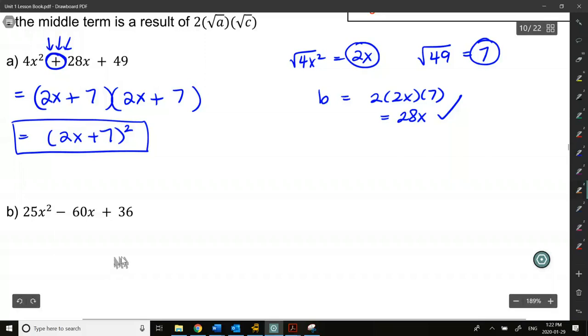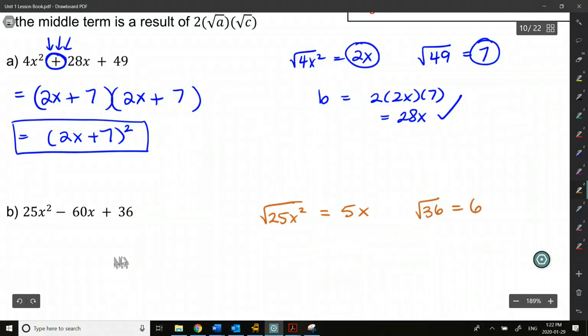Okay, so for the next one, you're going to check if the first and last terms are perfect squares. Can I square root 25x squared and get a whole number? Yes, we get 5x. And can I square root 36 and get a whole number? Yes, I can. And is the middle term equal to 2 times those square roots? Yes, it is equal to 60x.